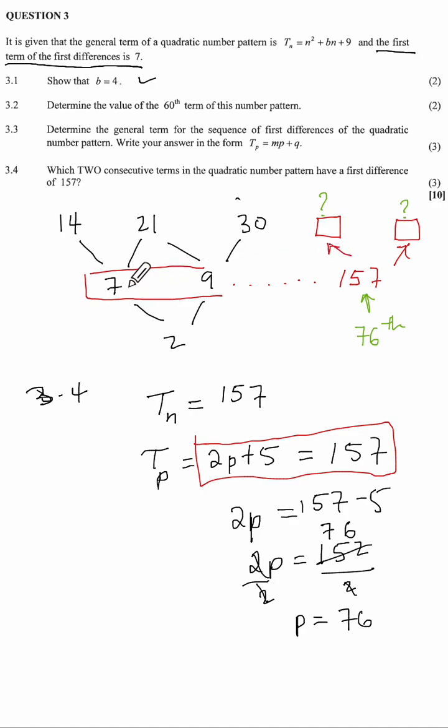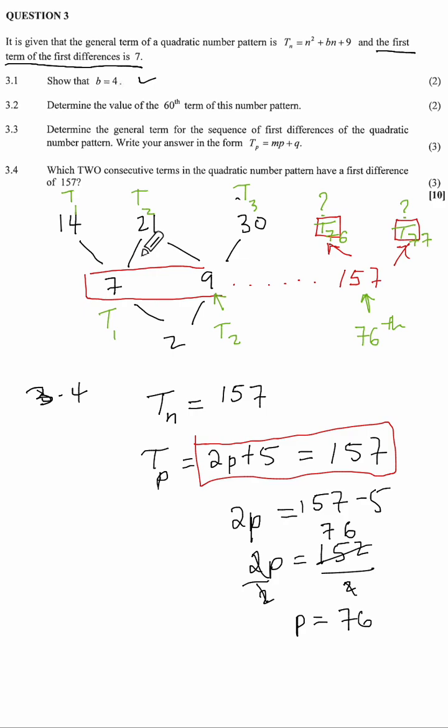So I know that this is T1, or the first term, right? You find it between T1 and T2 of the quadratic. This 9 is T2. You find it between T2 and T3 of the quadratic. So T76 would be found between T76 and T77.